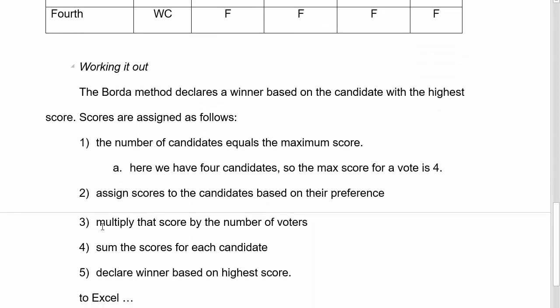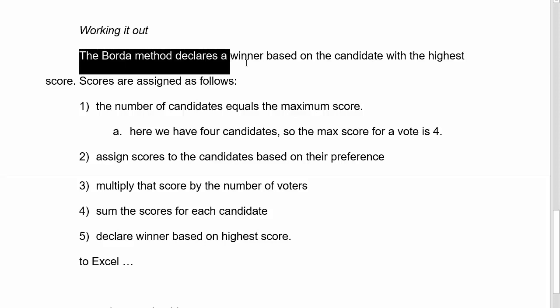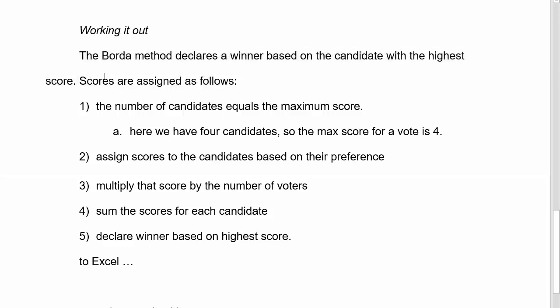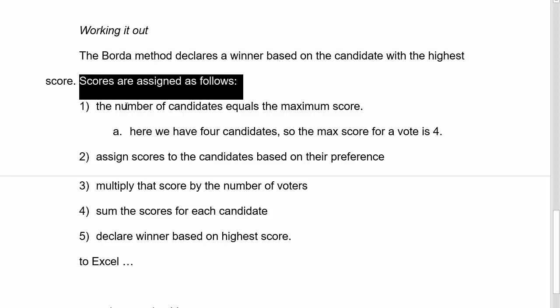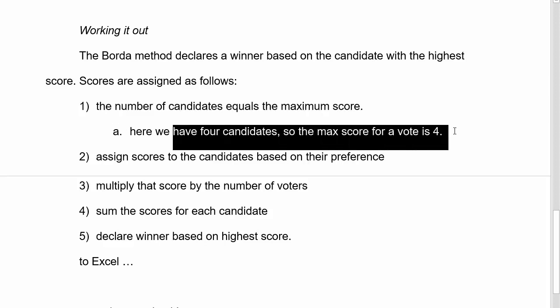Now, working it out. How do I actually do this? The Borda method declares a winner based on the candidate with the highest score. How do I assign the scores? Well, I do the following. The number of candidates equals the maximum score. So if you have 4 candidates, the max score is 4. That's the best way to do this.